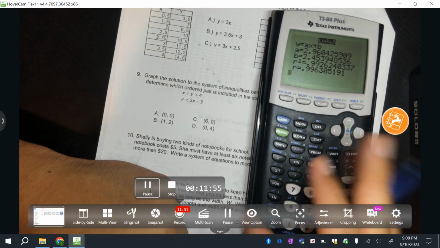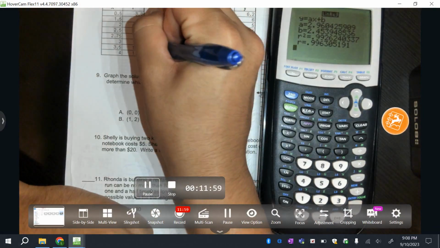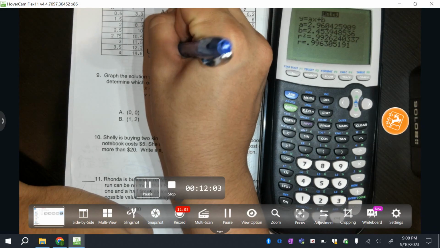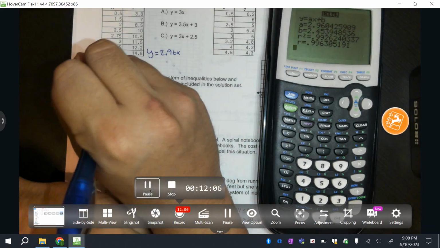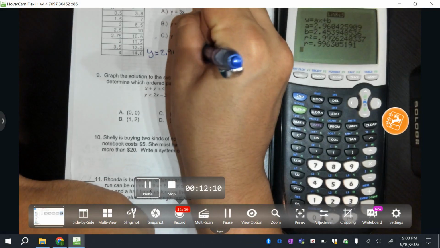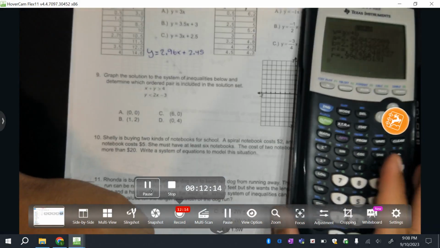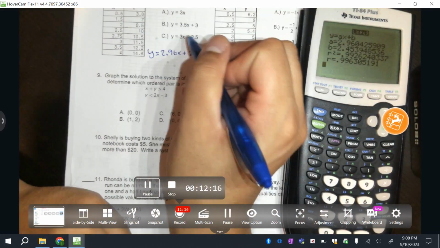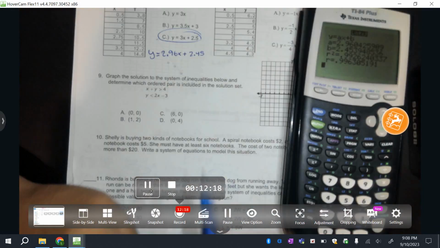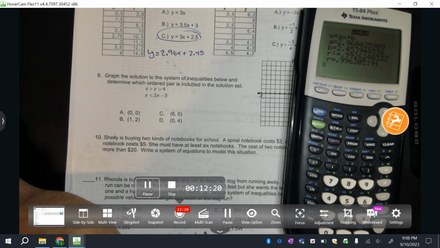We have y equals 2.96x plus 2.45. If we round to the tenths place, we would get 3x plus 2.5.